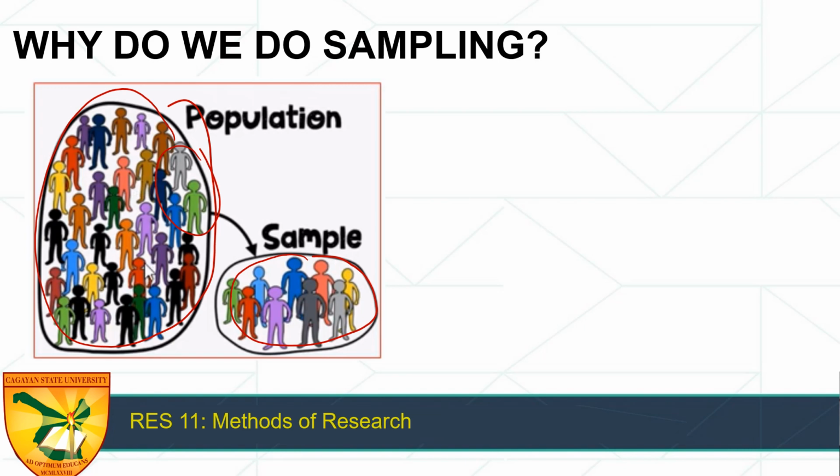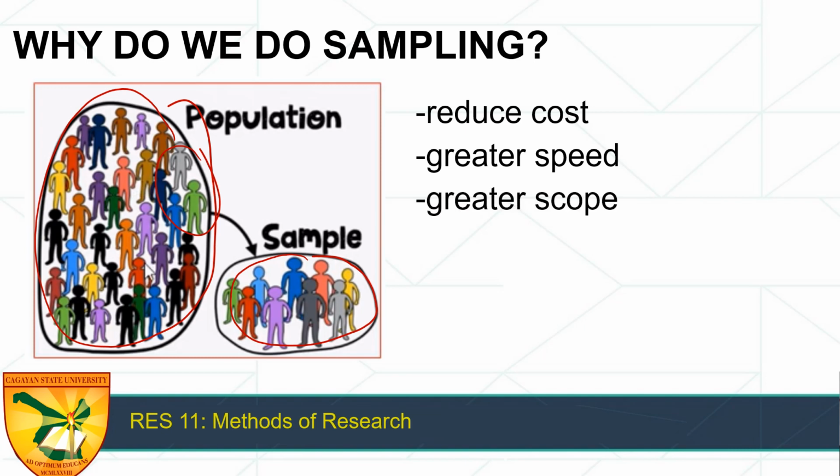So this is done to, number one, reduce cost, and for greater speed, unlike if you test or interview all the people or respondents in the population compared to getting only a sample.